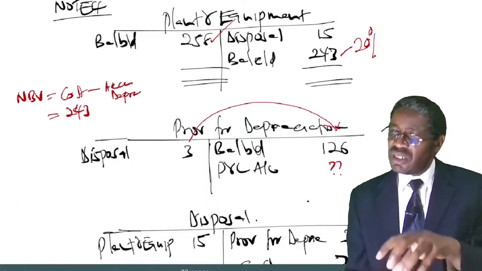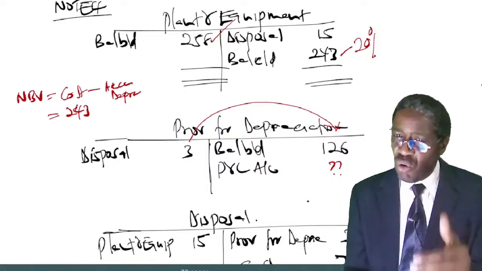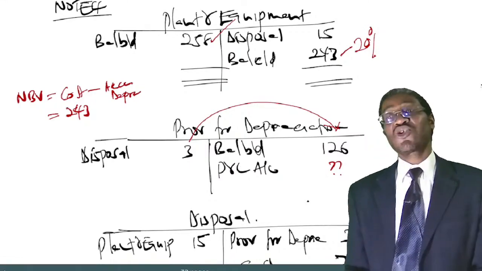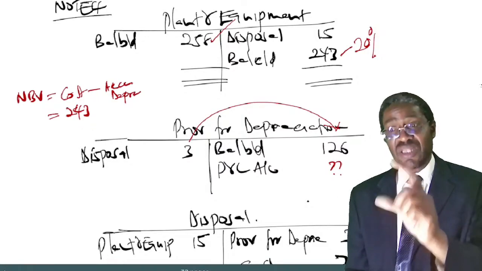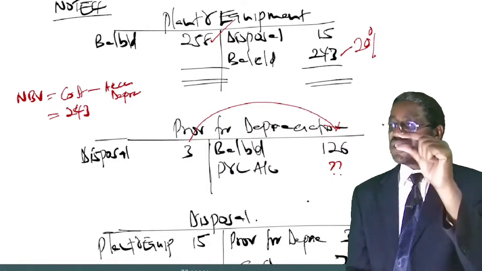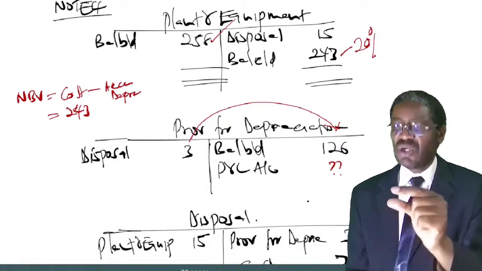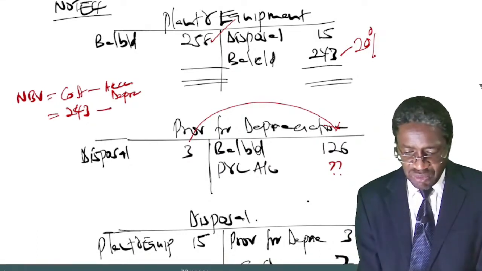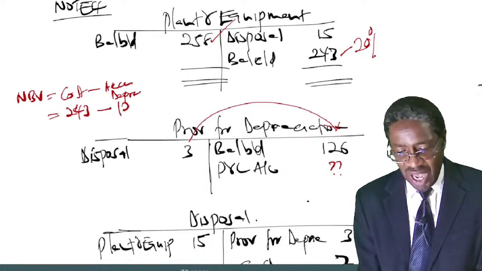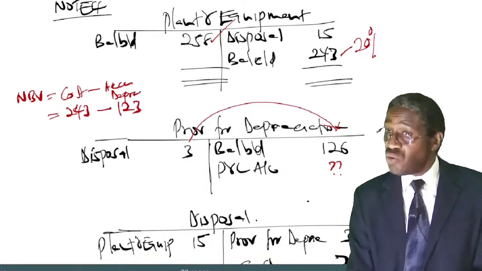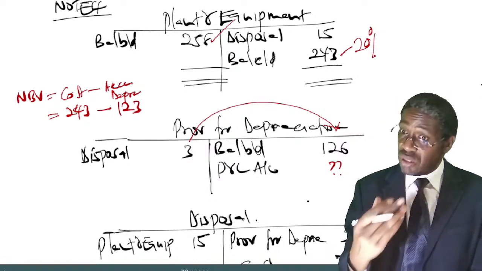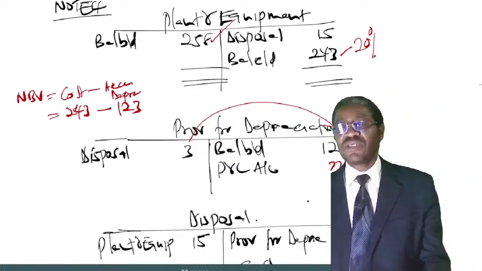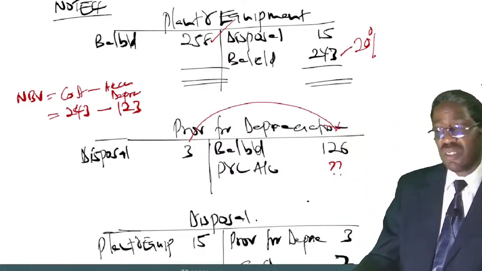So if I remove 3 million, I remain with 123. 123 now represents the accumulated depreciation of the assets not yet sold. So I come and minus from the cost, which is 243, I minus 123. Once I do that, I'll be able to get the net book value. And it's on that net book value that you apply your percentage, which is 20%.